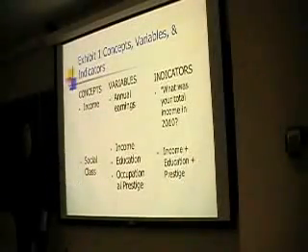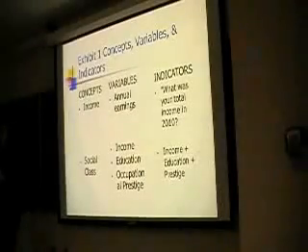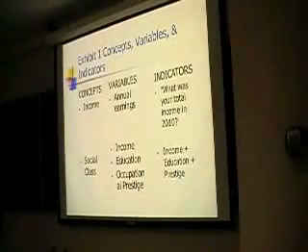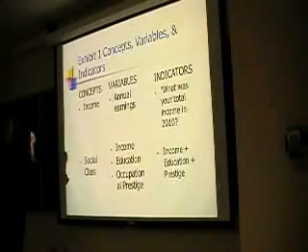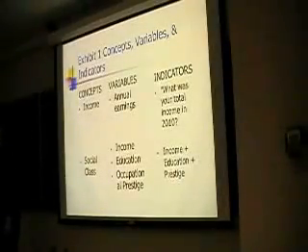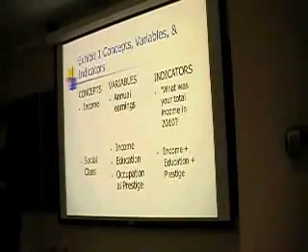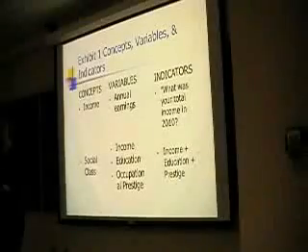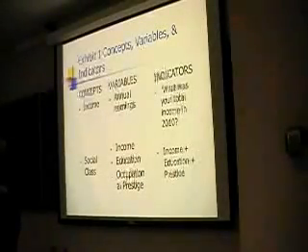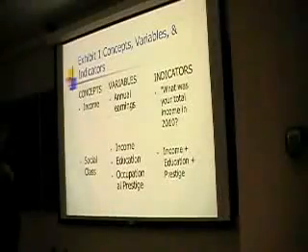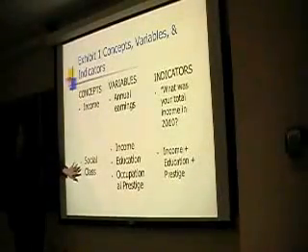But what about social class? Social class is more of an abstract concept, right? We don't go around wearing a label that says my social class is X or Y. Although sometimes I feel like people assume that they can guess someone's social class based on what kind of clothes they wear, or what kind of car they drive, or whatever. Those are indicators in some ways of our social class. So what is social class?